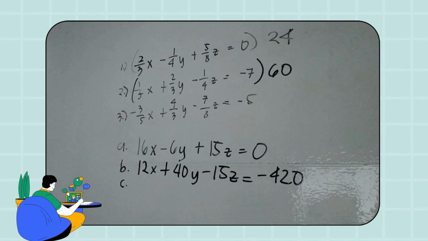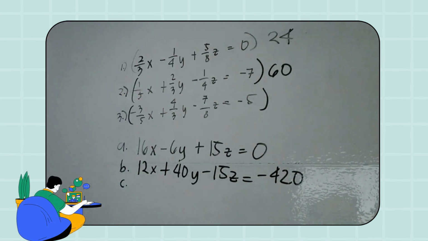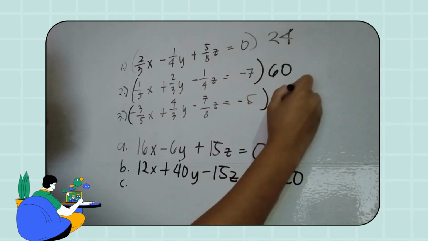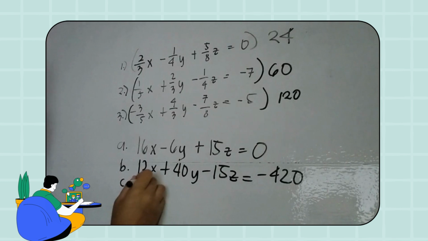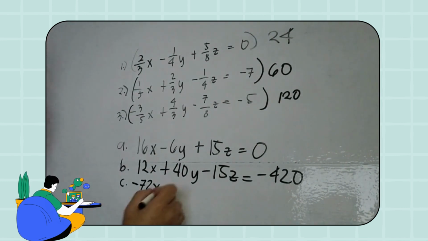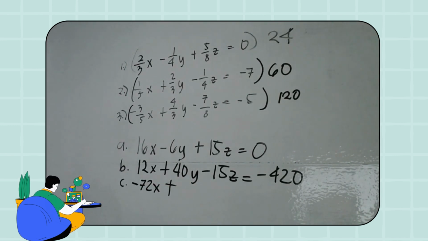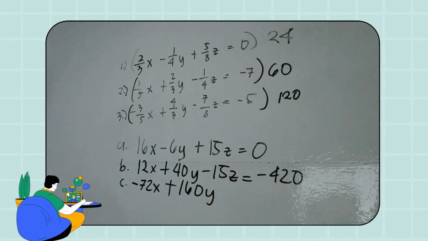Now let's label the simplified version of the third equation as C. So we have as our common denominator 120. So 120 divided by 5 is 24, times negative 3 is negative 72x, plus 120 divided by 3 is 40, times 4 is 160y.